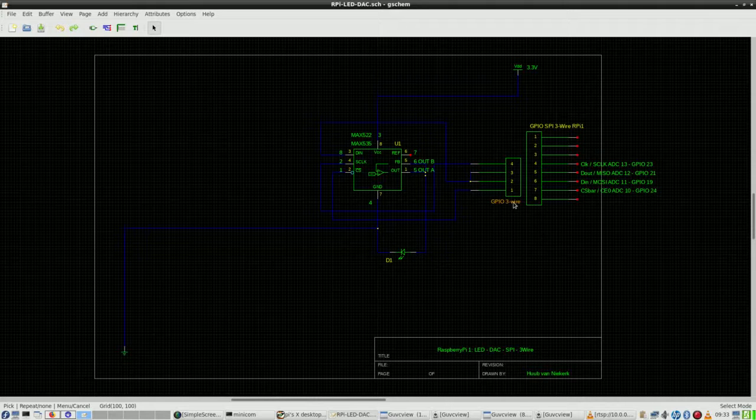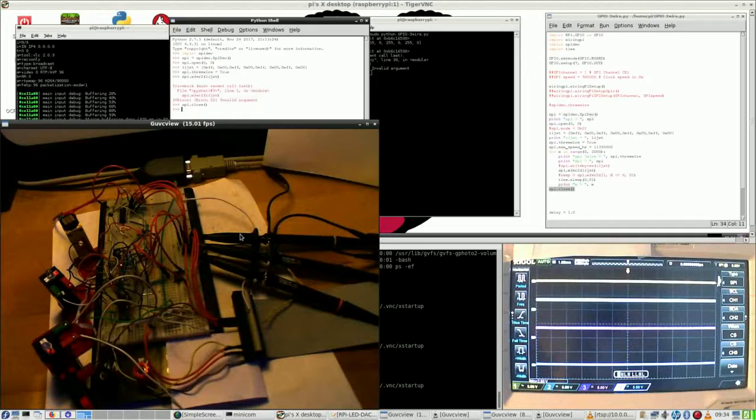Actually, it's a strange idea, because this is output only actually. If you look at it, this one is in. It reads this fischertechnik LDR. It reads a normal electronic LDR. It reads an NTC, negative temperature coefficient resistor.